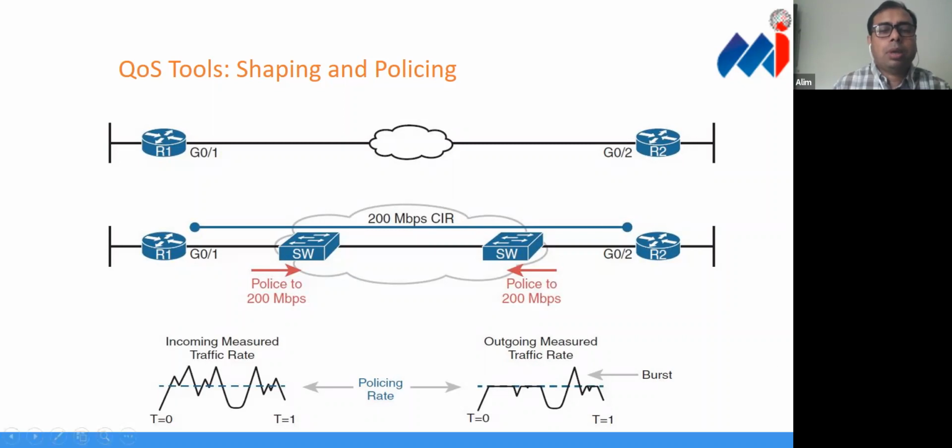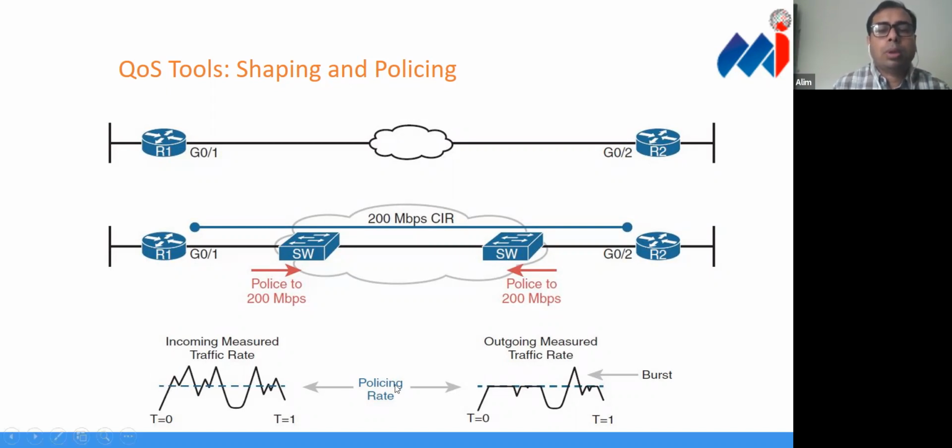So how do they do it? Look at the picture below this diagram. Incoming packets are there, but the dotted line you can see is the CIR, committed information rate, the level of data allowed.